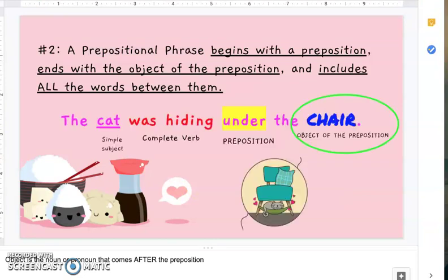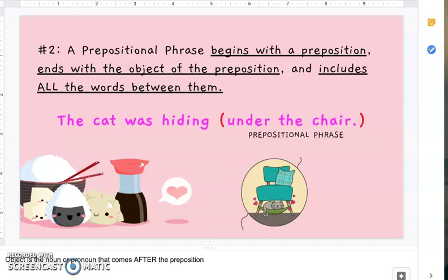Let's clean this up a bit. We're just looking at the preposition and the object. So what is the prepositional phrase here? Well, it begins with the preposition, so it begins with under. It ends with the object, which is chair. It includes the word between, which is the. So what would be the prepositional phrase here? If you said under the chair, ding ding, you are correct. Great job.